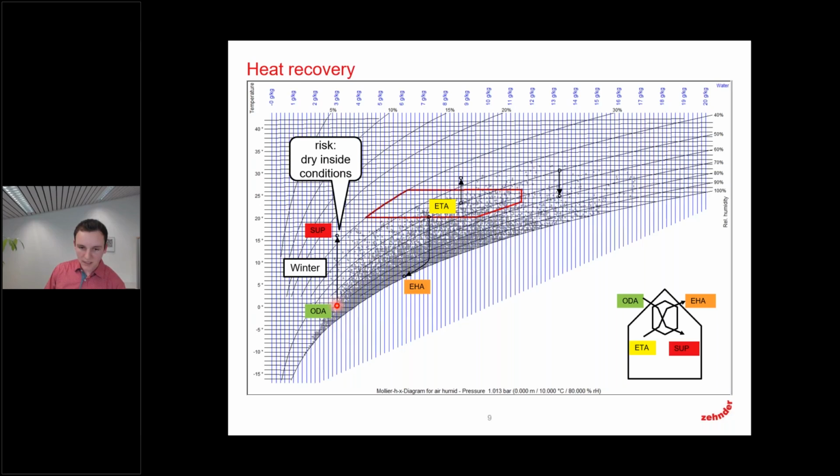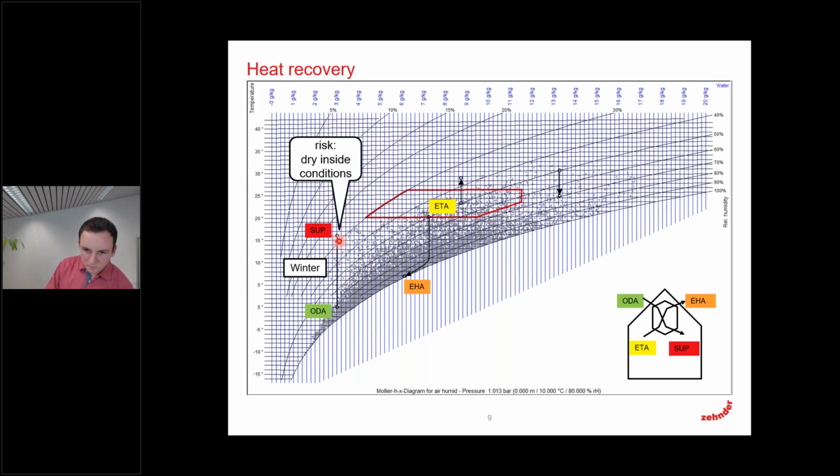Now we go through the heat exchanger and recover the heat from the indoor air, so we heat up the air to 16 degrees. We are just going straight up, so there's no change in the absolute humidity. We still have 3 grams per kilogram dry air.